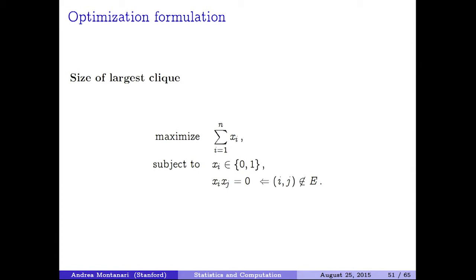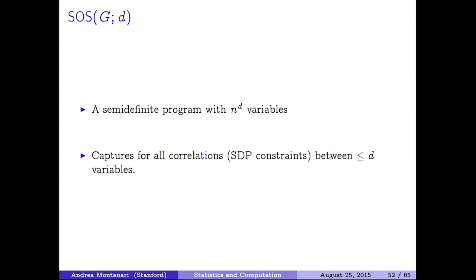Why? Well, because if i and j are both in the clique, so if this product is 1, then the edge ij must be there. Right? So this is just a contrapositive. So this is formulating the problem as an integer programming problem. And now we'll go about relaxing it.